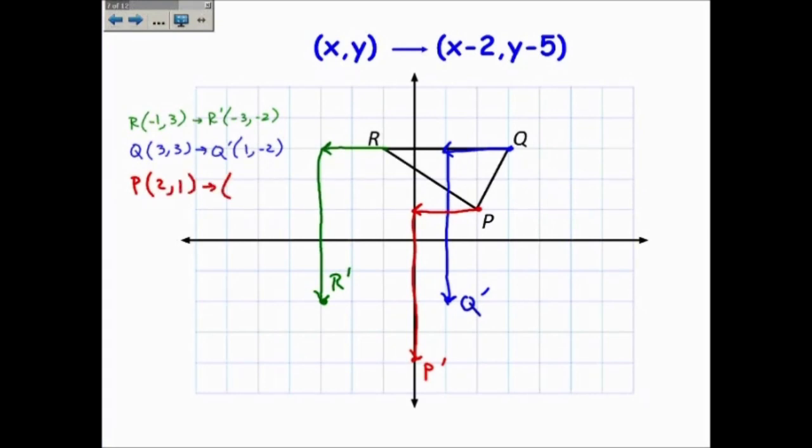That maps to P prime, which is x minus 2, sorry, 2 minus 2 is 0, and 1 minus 5 is -4. Okay, now I connect R prime, Q prime, and P prime and get the same triangle that's been translated to the left 2 units and down 5 units.